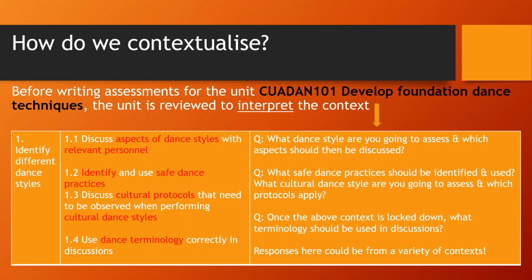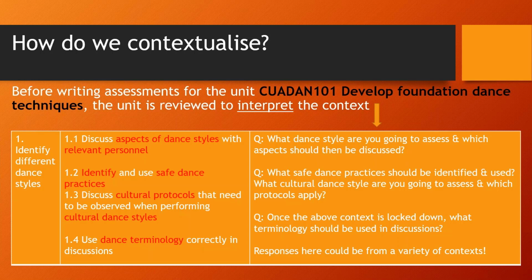So the first one is about discussing aspects of dance styles with relevant personnel. The next one's identifying and using safe dance practices. Then you've got discussing cultural protocols to be observed when performing cultural dance styles. And the fourth one is using dance terminology correctly in those discussions around different dance styles.